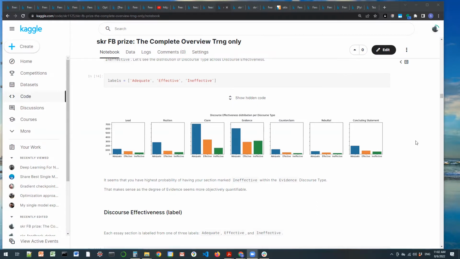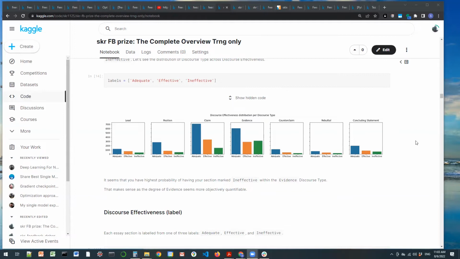But on the other hand, when you train the generalized model, it might be even more so, because the model should basically pay most of its attention to the claims and evidences, because those are very numerous compared to the other ones.